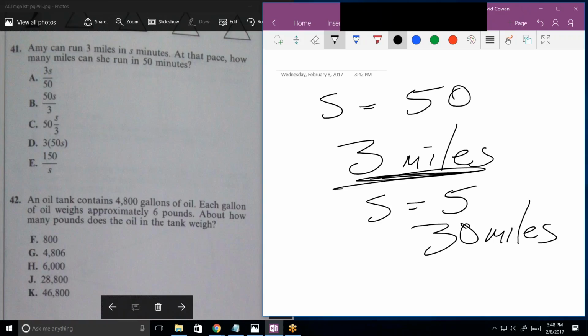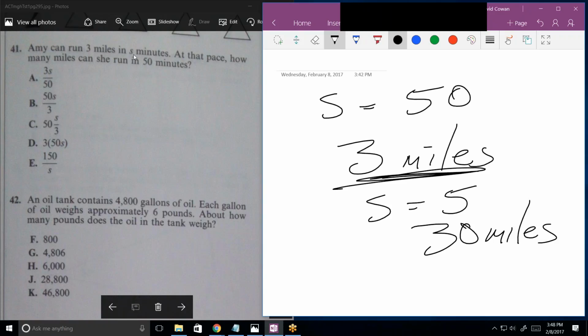You want to use the third technique when you have variables in the problem and the answers, which means S could be anything. If they haven't defined S, then you could make it be anything, and so you can pick really convenient numbers.